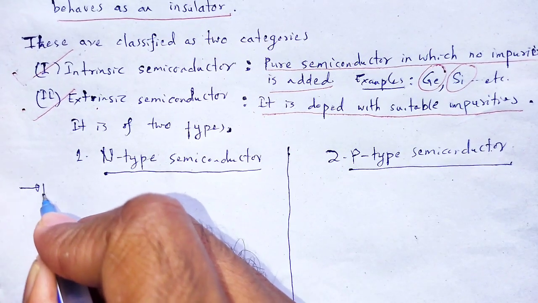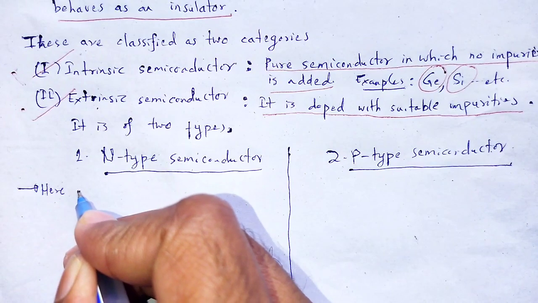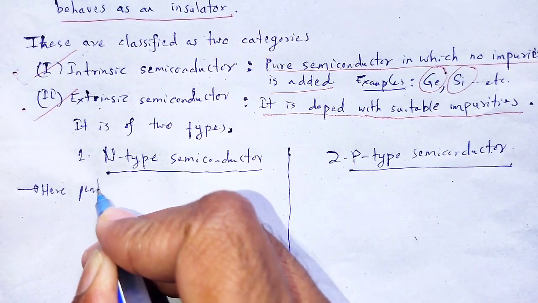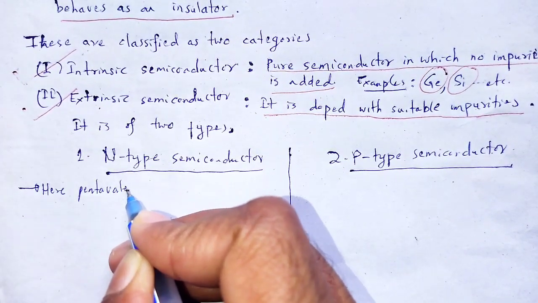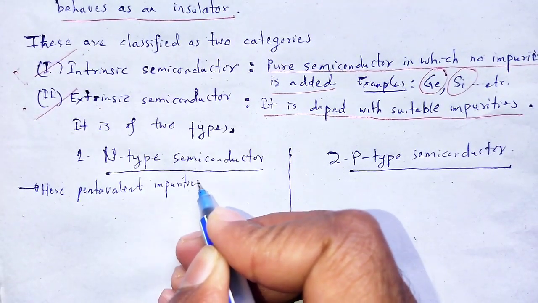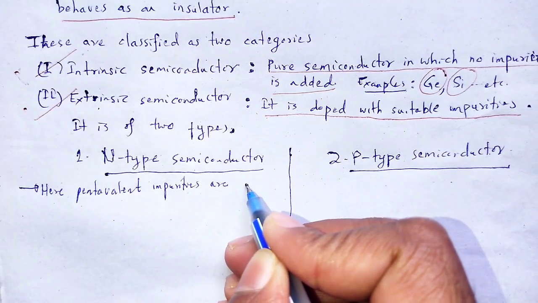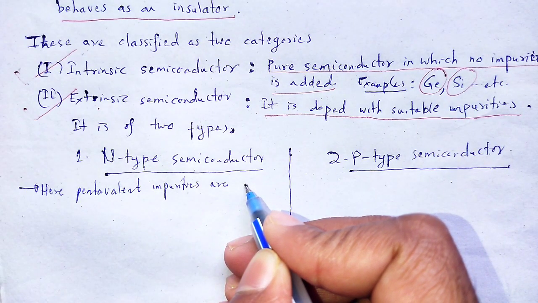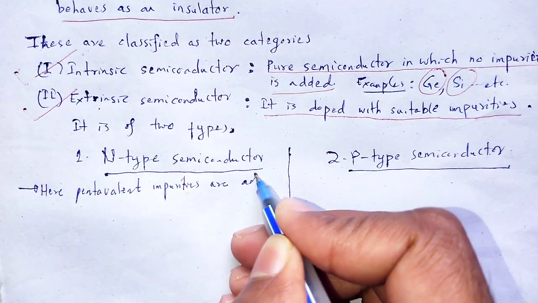Here pentavalent impurities are doped, are added.